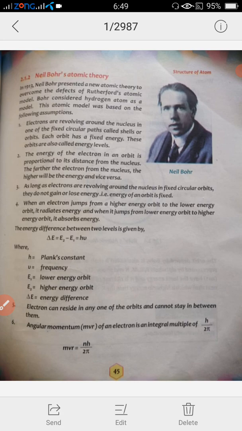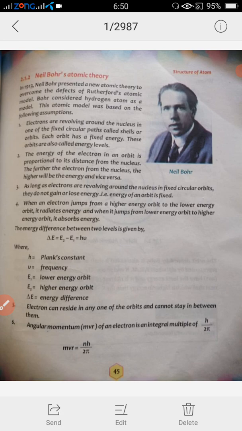So students, this theory was presented by Niels Bohr, and Rutherford's atomic theory has been learned in the previous topics and in the previous lecture.